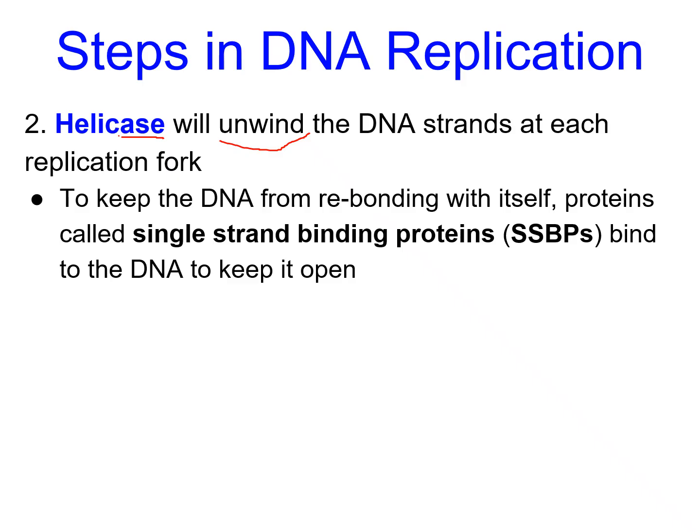These are responsible for ensuring that the two strands stay separated until that replication fork has been completely synthesized. New strands are synthesized from that specific replication fork, and then helicase moves on and continues to unzip, and the single strand binding proteins move to where the fork has now relocated.